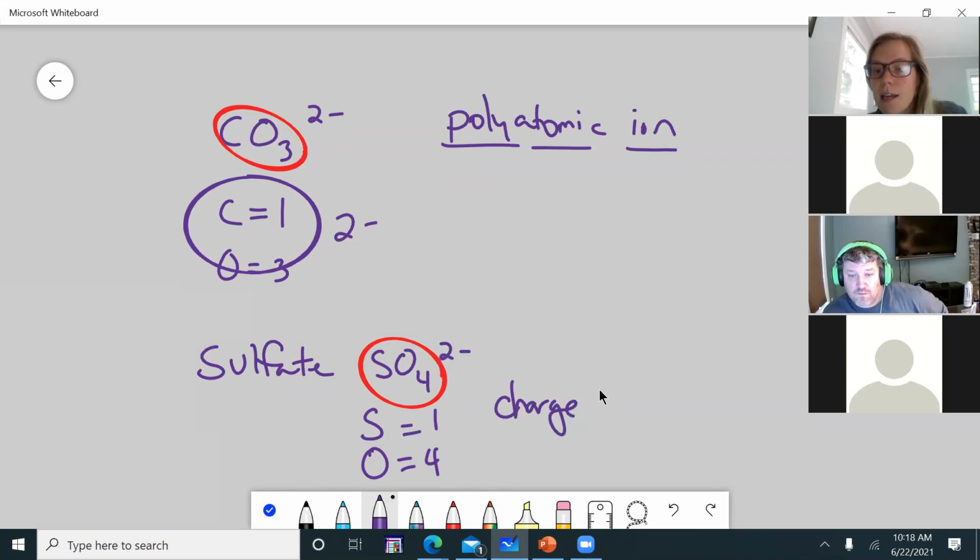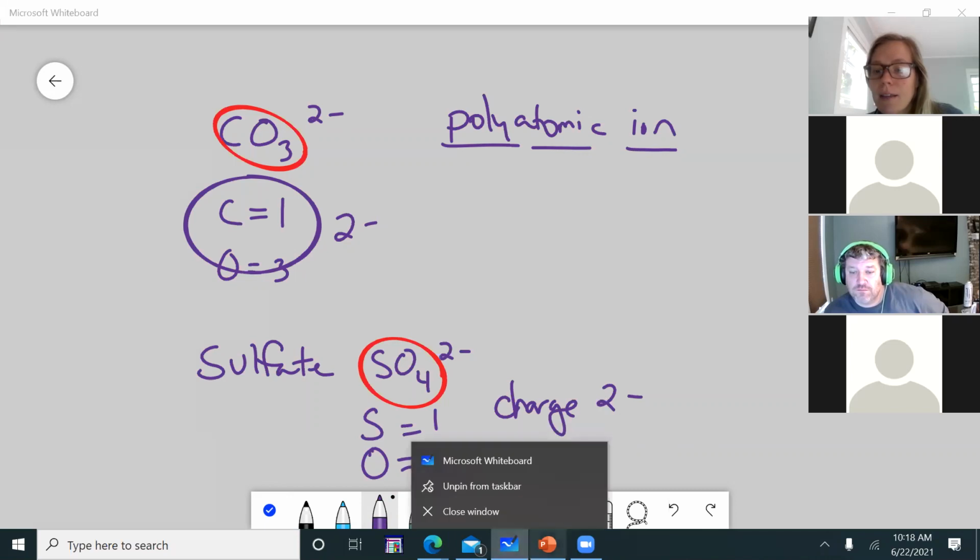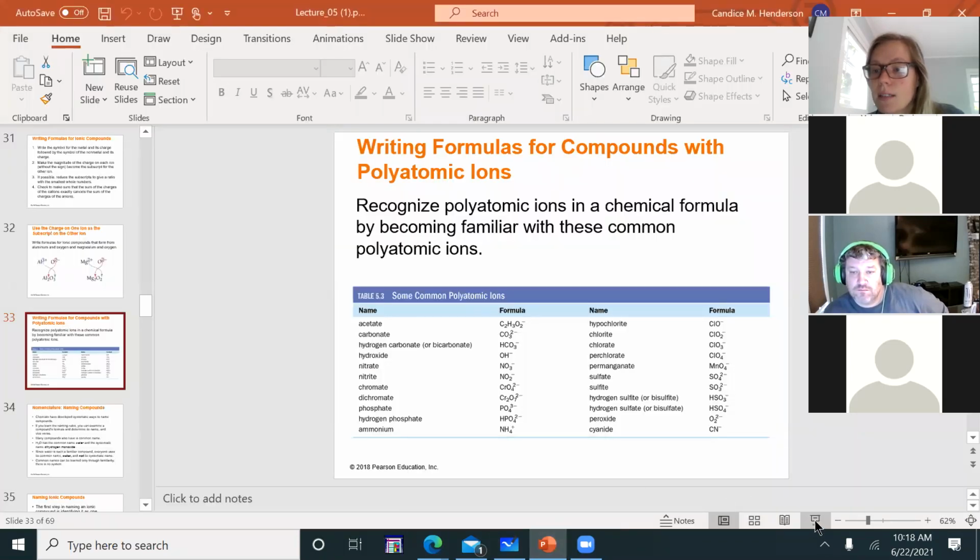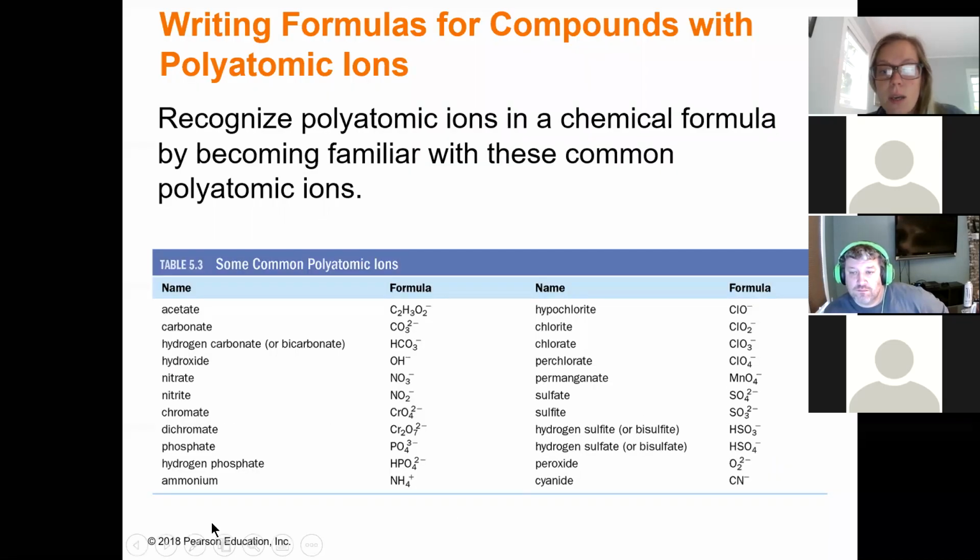Charge for this guy is a 2- charge. Most of the polyatomic ions you are going to work with are negative charge. So they're going to take the place of the nonmetal. There is one polyatomic ion that has a positive charge that sometimes takes the place of the metal. That's ammonium. You see ammonium down here, how it's NH4 with a plus charge? That can be easily swapped out for the metal.